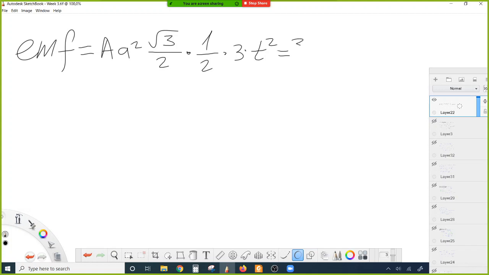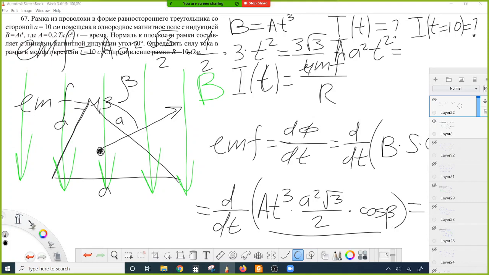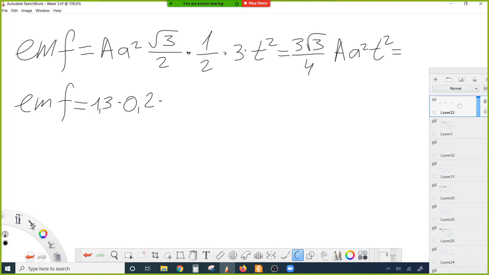What we have is 3 square root of 3 over 4 a squared t squared, and the numeric value for electromotive force will be 3 over 4, which is 0.75, multiplied by square root of 3, which is 1.3, multiplied by capital A, given as 0.2, lowercase a is given as 10 centimeters, 0.1 squared multiplied by t squared.